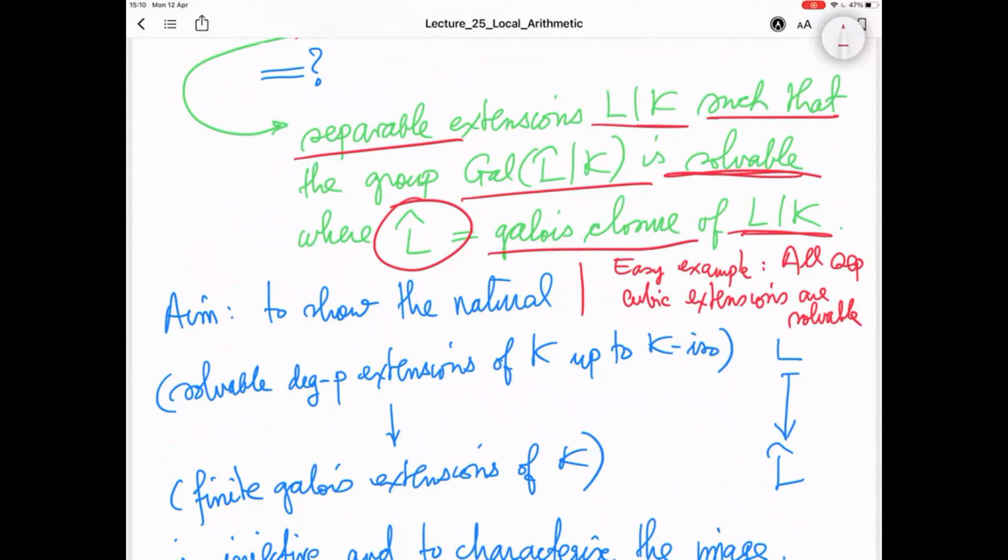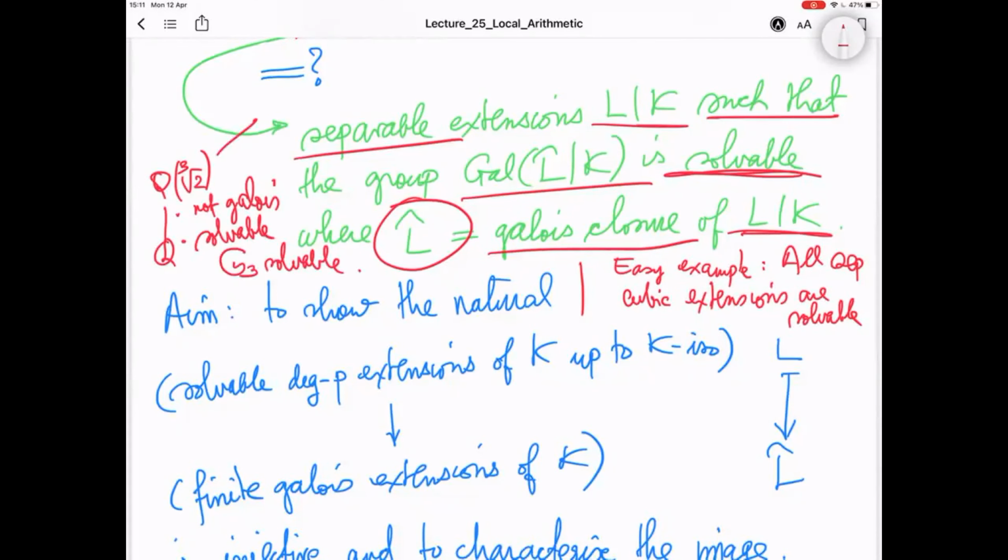A cubic extension, for example, cube root of 2 over Q, is of course not even Galois. Forget about being cyclic, but it is solvable, because when I take the Galois closure, I get the group S3, the symmetric group on 3 letters, which is solvable. So that's the notion of solvable extensions.